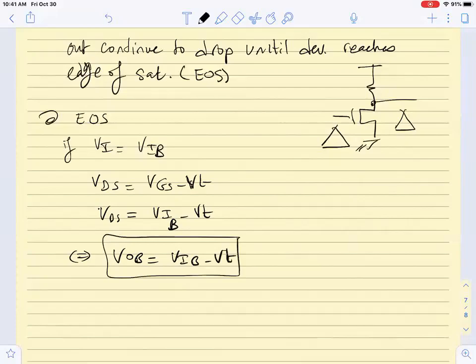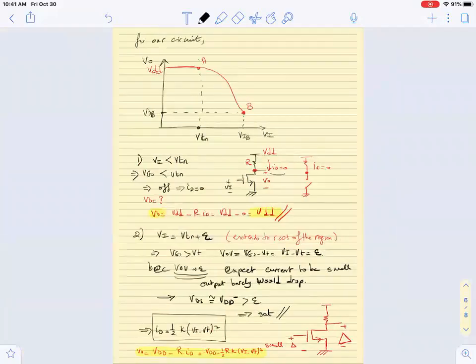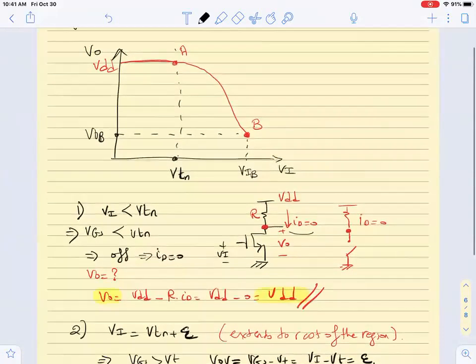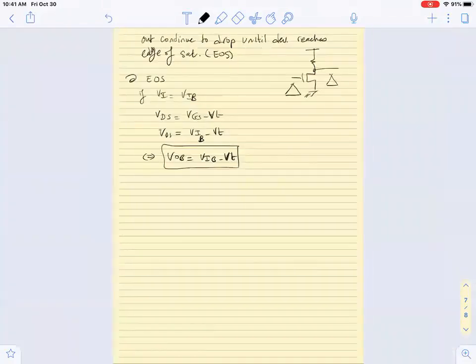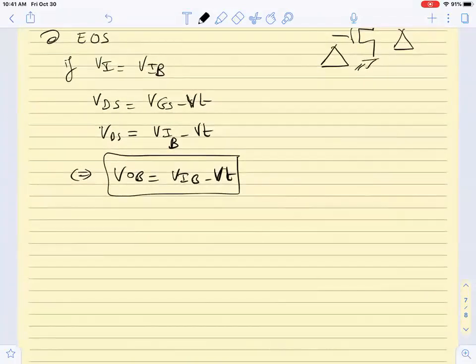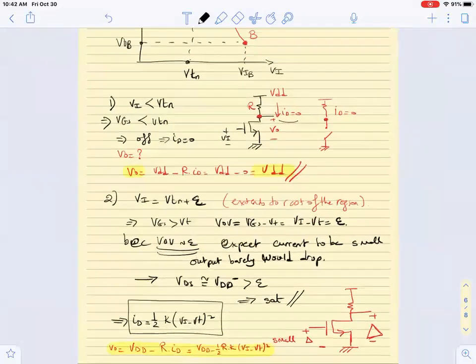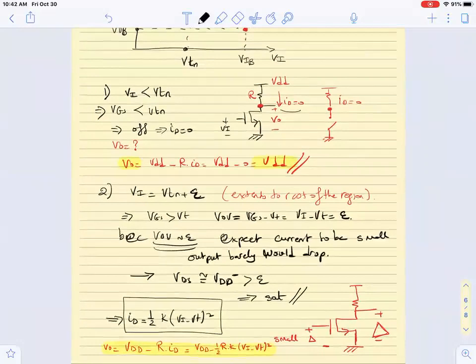Is this clear? We said I want to find the edge of saturation point. At the edge of saturation the input is VIB, VDS equals VGS minus VT, therefore VDS is VIB minus VT, meaning VOB is VIB minus VT. Now can I solve for this if I tell you that we already know VO as a function of Vn in this region?